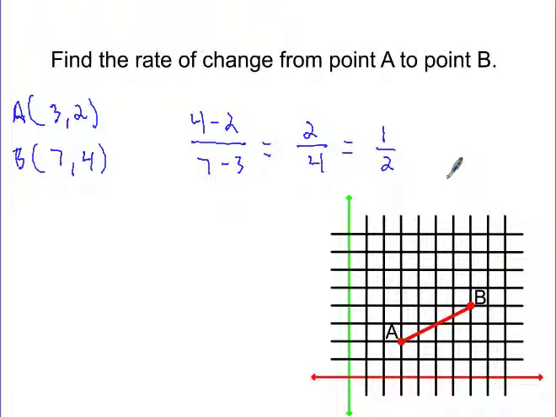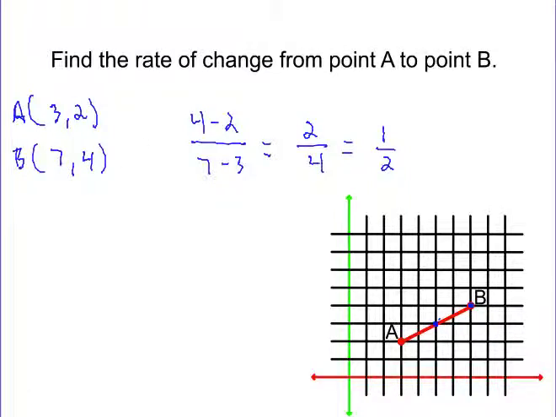And I want to show you why we're doing this. Rate of change, we've got the y on top and the x on the bottom, right? And so what that's telling us is that as x changes 2, y changes 1. So look what happens. As I go over 2 on my x, what happens on the y? It changes 1. And then as I go over 2, it changes 1. So as x changes 2, y changes 1.